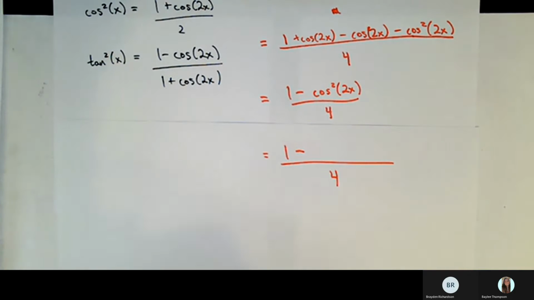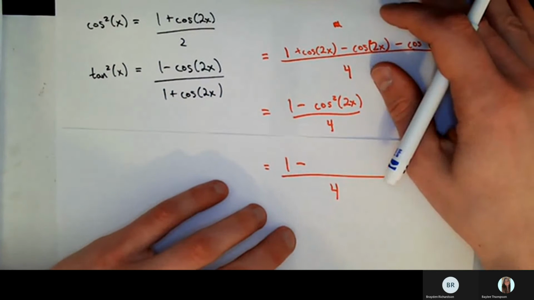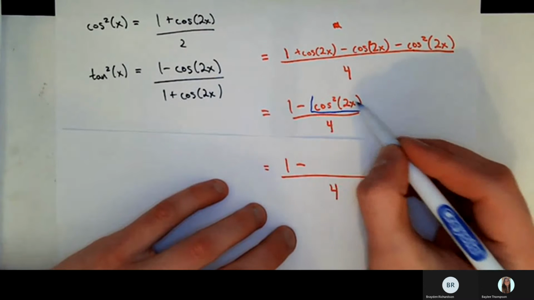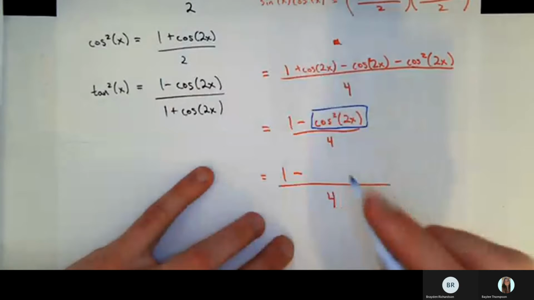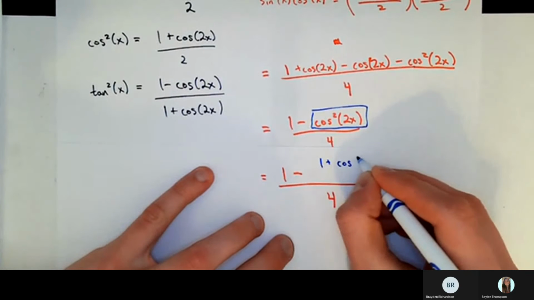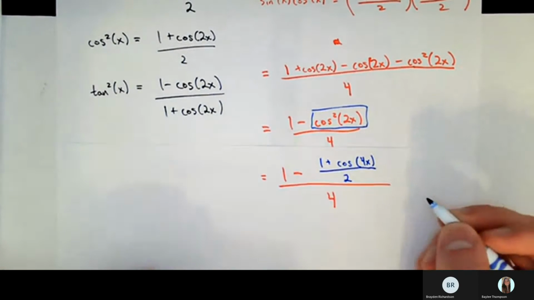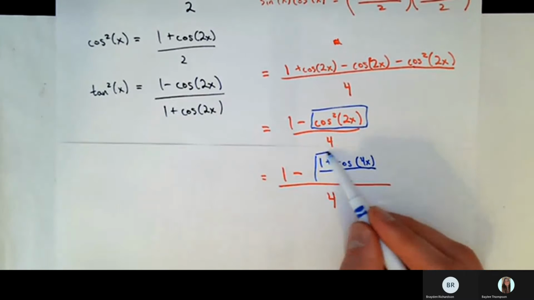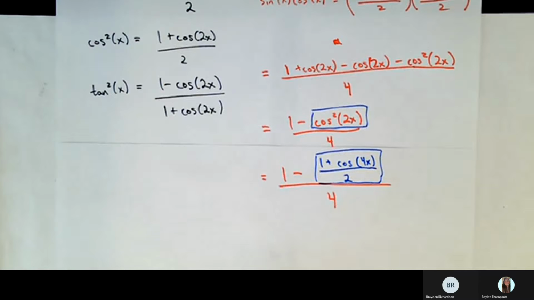Let me write it in blue to make it stand out. So the cosine squared of 2x is going to turn into, according to this formula up here, 1 plus cosine of 4x all over 2. See it turning into that. Okay, good.